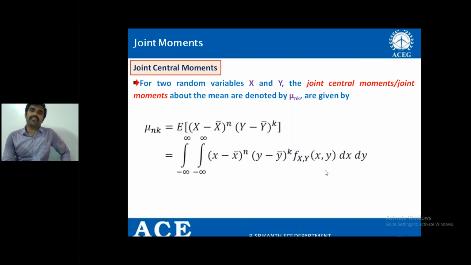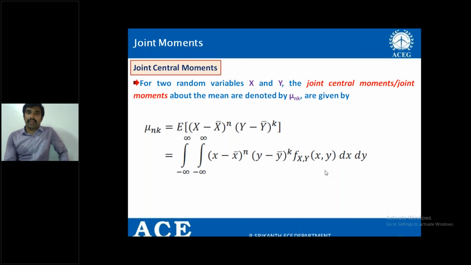We are able to derive the means of the random variables by finding the first order moments, and the mean square values by finding the second order moments. We are able to find the correlation value by taking the second order moment m11, and we can check whether the two random variables are orthogonal by checking whether the correlation equals 0 or not.